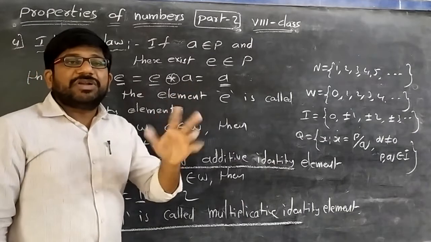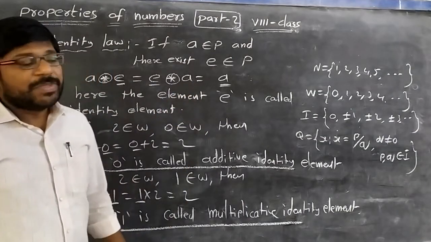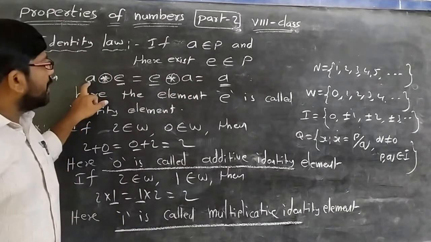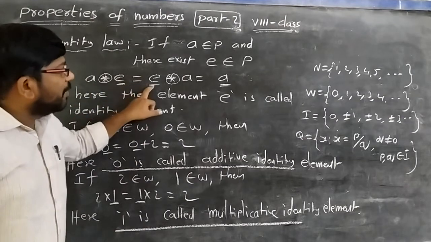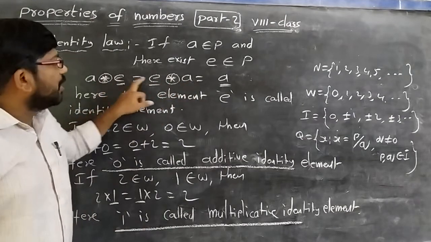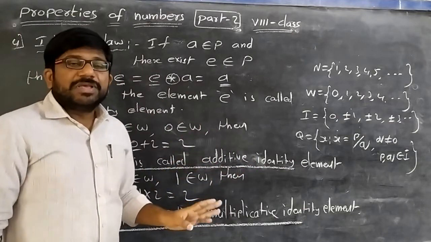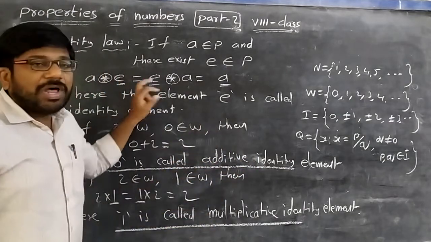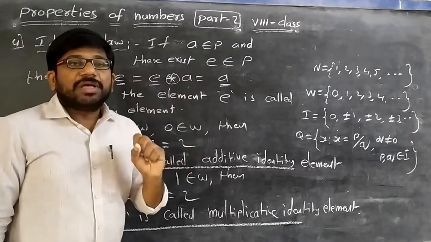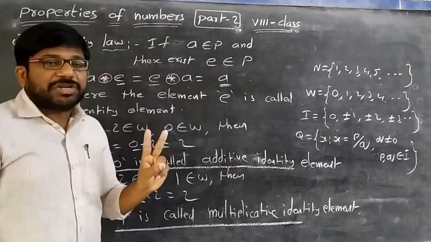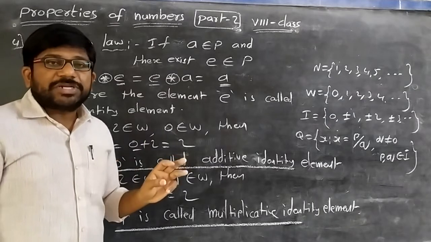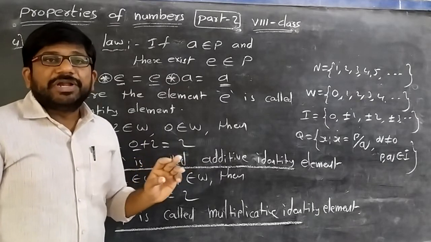So subtraction does not satisfy. And division also: A divided by E and E divided by A, here numerator and denominator change, so that is also not satisfied. So the equality is satisfied only for addition and multiplication, not in subtraction, not in division.